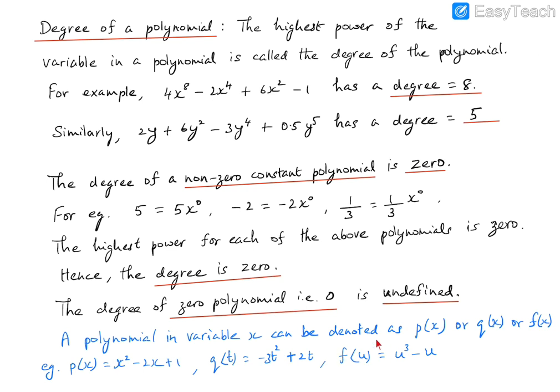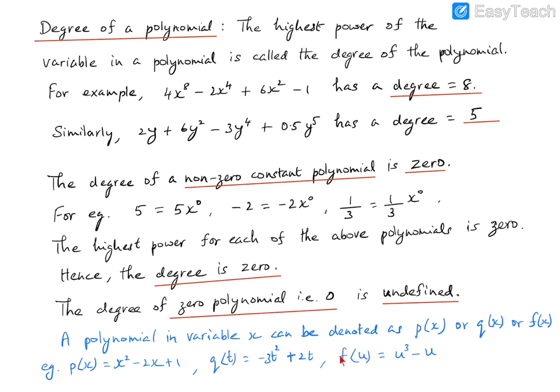Similarly, here we have a polynomial in the variable u, which we denote as f of u. We could have denoted that as p of u or q of u or r of u, whatever name we want to give. But in general, we can represent a polynomial expression as a function of that particular variable.